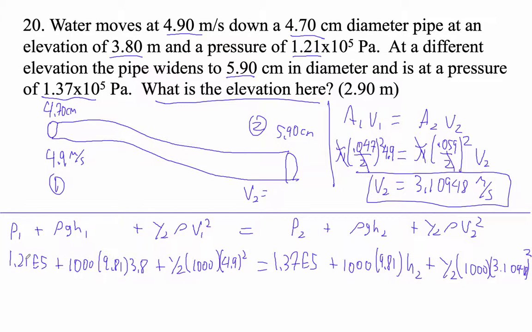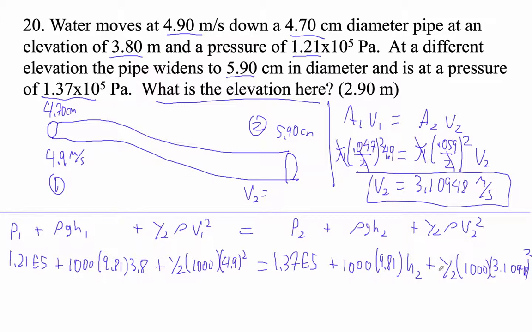So 1.21 E5 plus 1,000 times 9.81 times 3.8 plus 0.5 times 1,000 times 4.9 squared minus 1.37 E5 minus 0.5 times 1,000 times that number I just got squared.